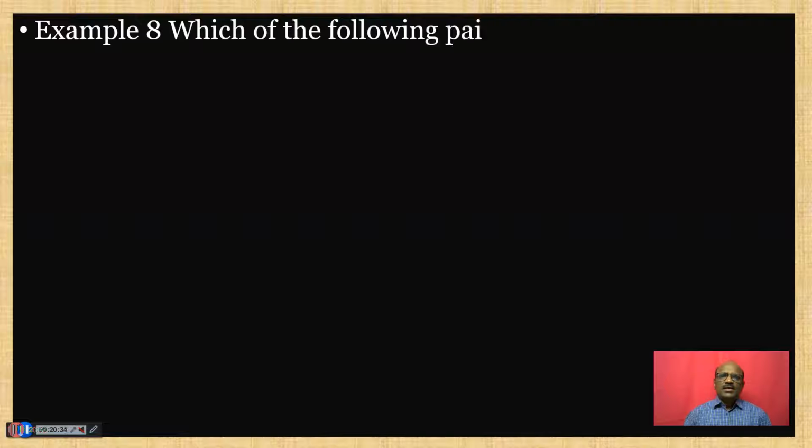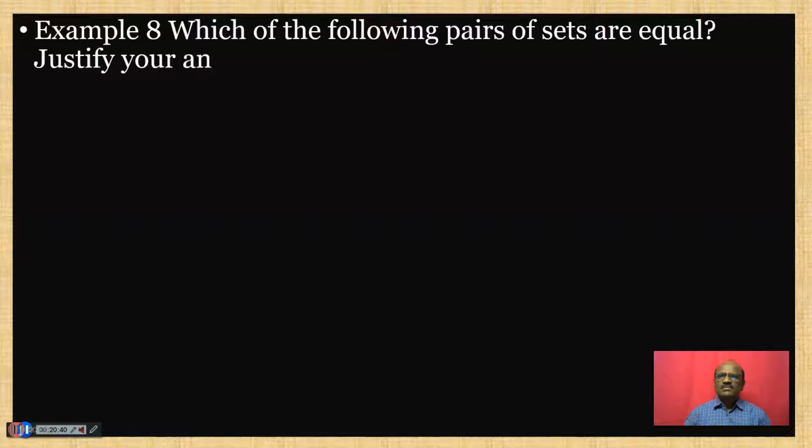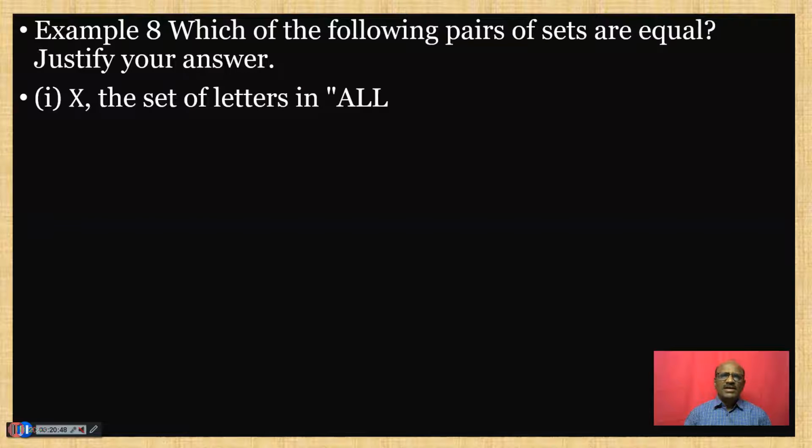Now the next example. Which of the following pairs of sets are equal? And justify your answer. You can find it out also. A, the set of letters in ALLOY.